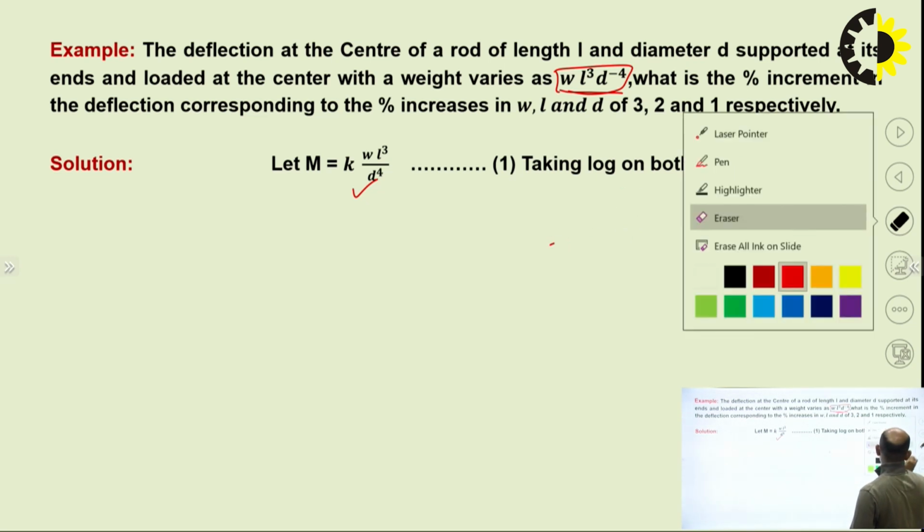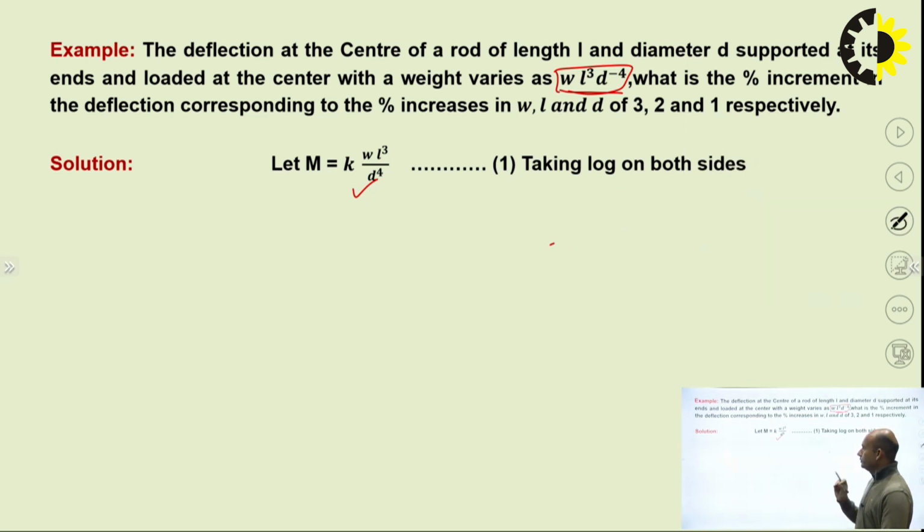So now we have to find the percentage error in this m, and the errors in W, L and D are given to us. The percentage error in W is 3%. It means we have del W upon W into 100, which is 3%.